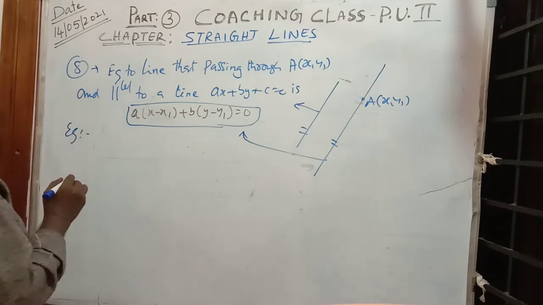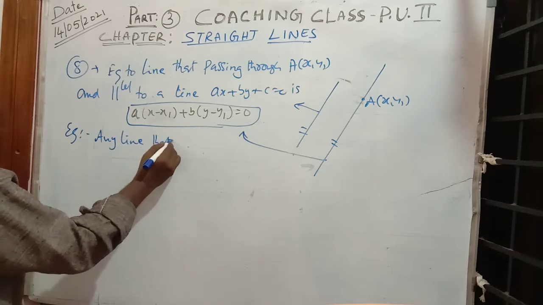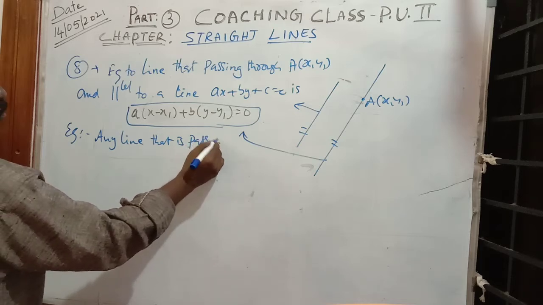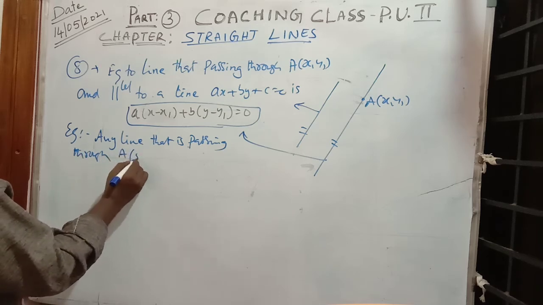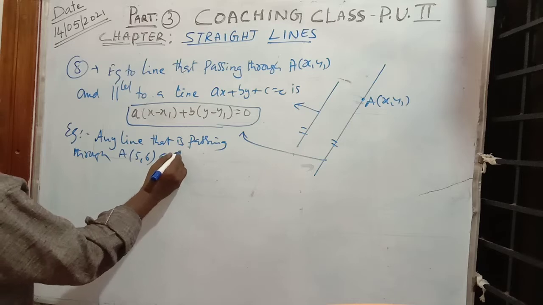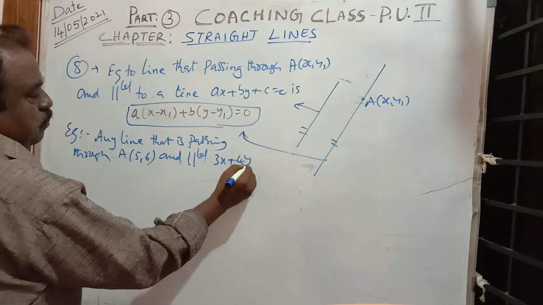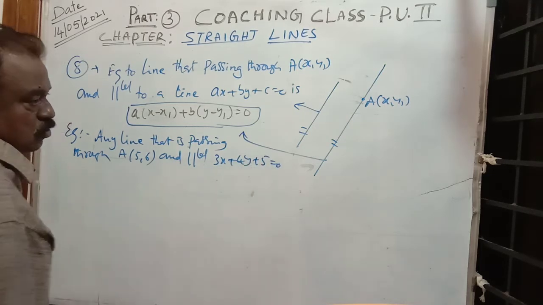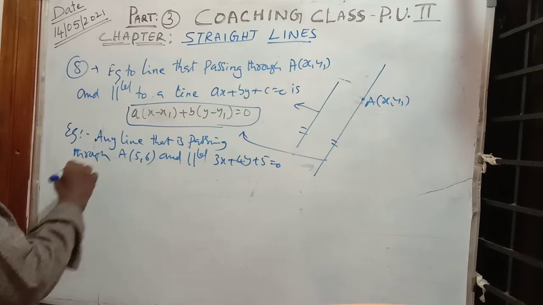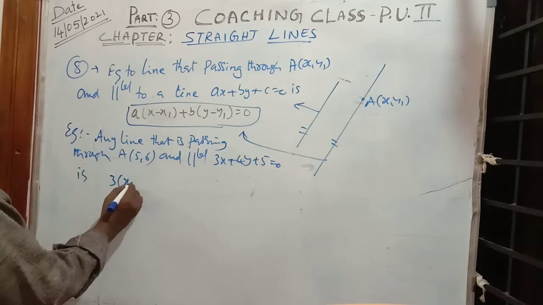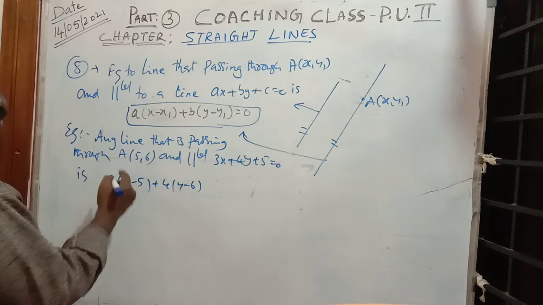Suppose, for example, any line passing through (5, 6) and parallel to 3x + 4y + 5 = 0. Then that line is the same 3, x minus this 5, and the same 4, y minus this 6, equal to 0.